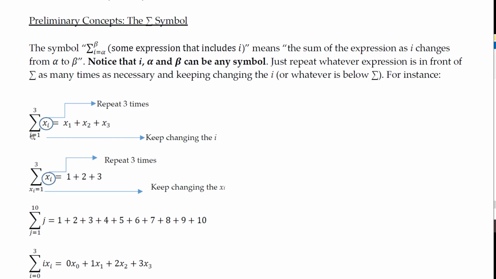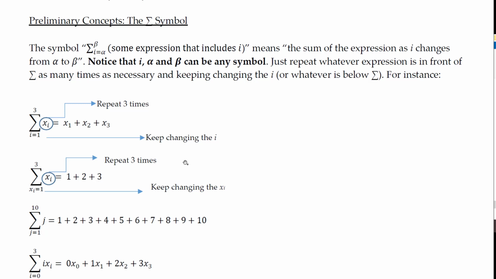The lowercase i is not going to be repeated. It's going to change from 1 to 3. So you repeat the x with the i changing from 1 to 3. Basically you repeat everything here except for whatever is under the symbol.